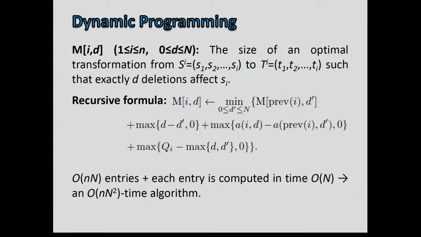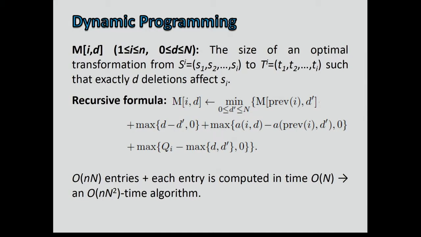Now, I won't discuss the recursive formula and the notation in detail. I just want to mention that when we compute such an entry, we look at the previous index where Ti was not 0. And we look at the best d prime that we can choose, the best number of deletions that correspond to this entry.